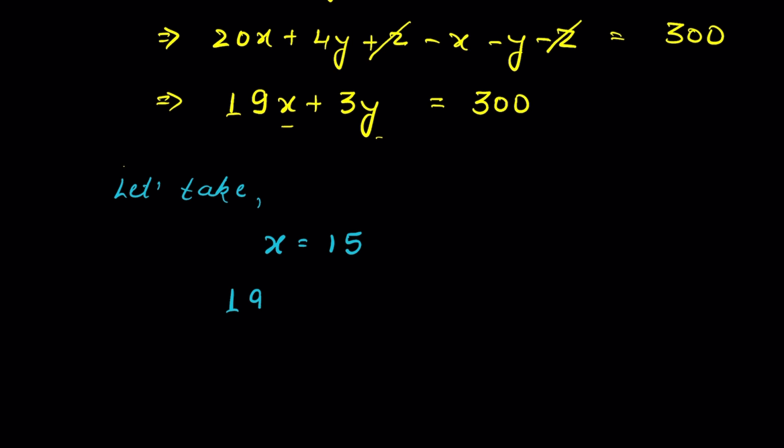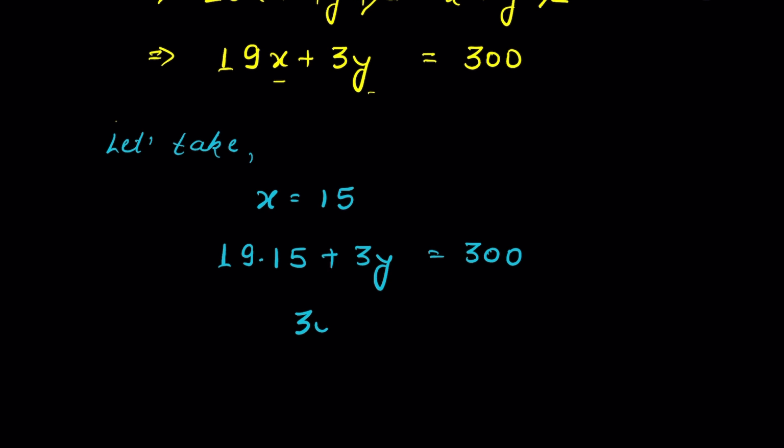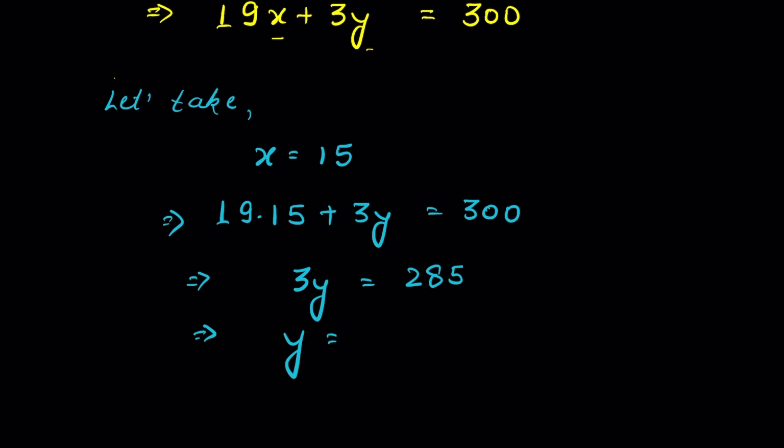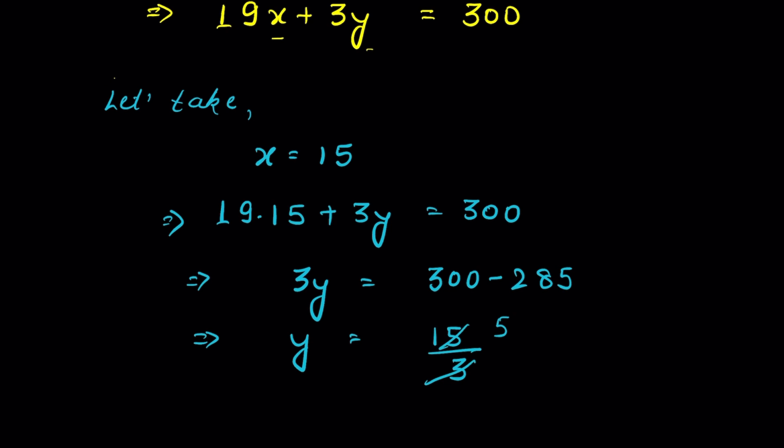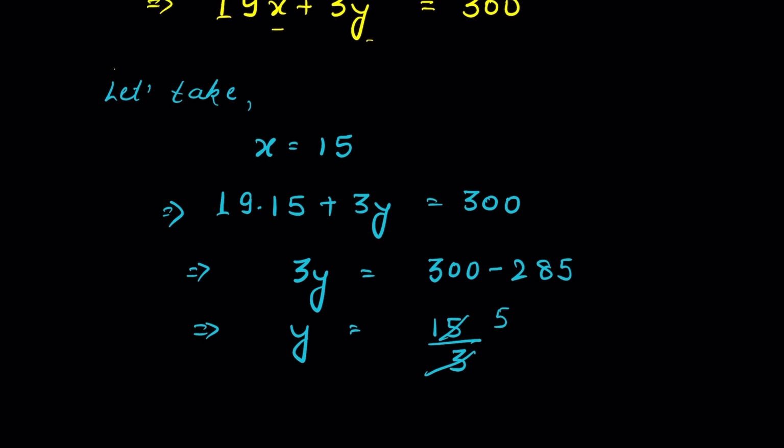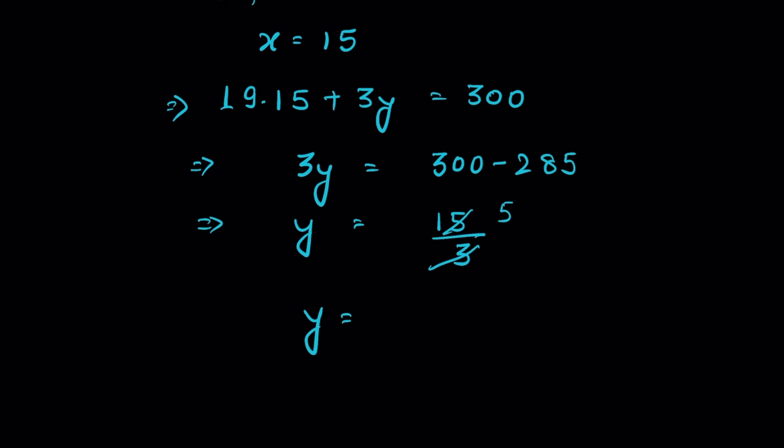Then 19 times 15 plus 3y equals 300. 19 times 15 is 285, so 3y equals 300 minus 285, or y equals 15 upon 3, which is 5. So we get y equals 5.